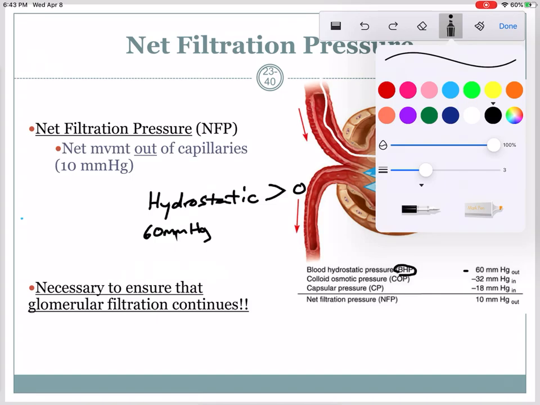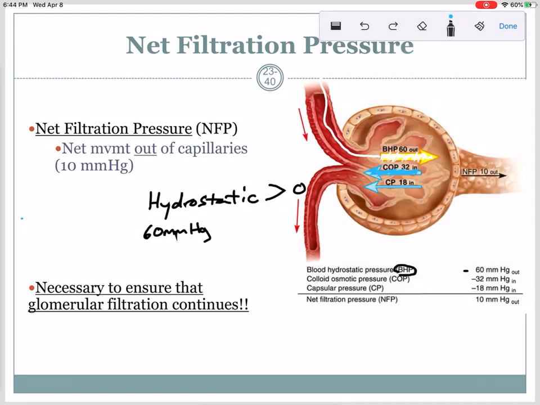Then we have the opposing osmotic pressure. And actually, we didn't talk about the capsular pressure, which is fine. We're just going to put them together. So together, these two make up about 50 millimeters of mercury. So the osmotic pressure is about 50 millimeters of mercury.